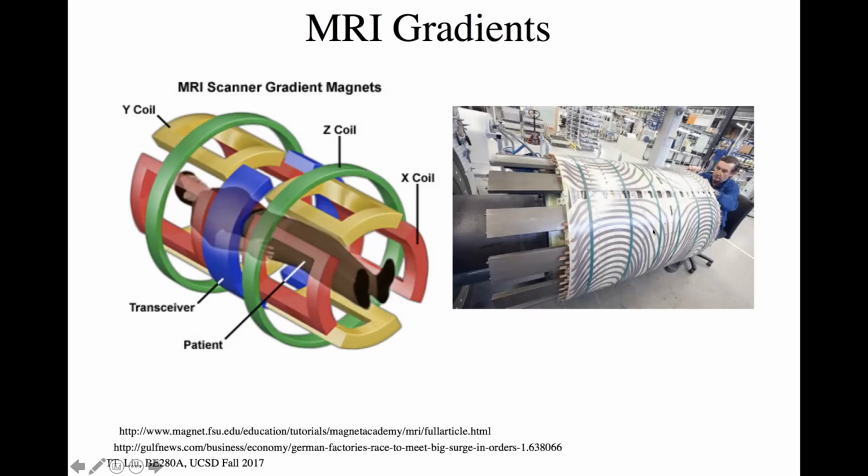These are called thumbprint coils for obvious reasons. They look like a fingerprint or a thumbprint. And this exact pathway has been generated through computer modeling of the current to generate a change in the magnetic field inside the volume that is the most uniform, with respect to one coordinate.